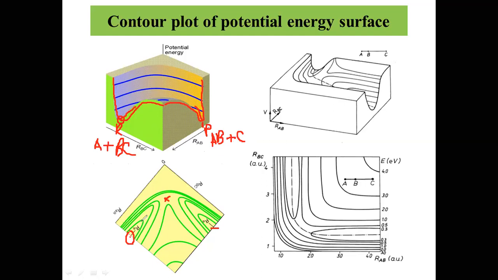So therefore, whatever value you get on this, you are going to get on this, because they are going to be symmetrical. So now what happens when you go from reactant to product? Look at here.